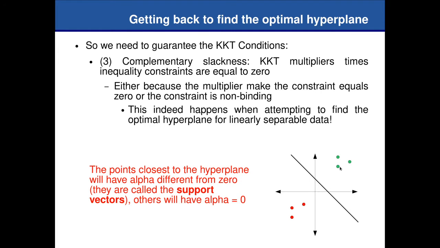Those 2 points will be support points, or they will define the support hyperplanes as sidewalks, as we've discussed before. Those points, 2 red points over here, which are far from the hyperplane, and the green points, which are also far enough, at least, from the hyperplane, they will have Lagrange-Tucker multipliers equal to 0.